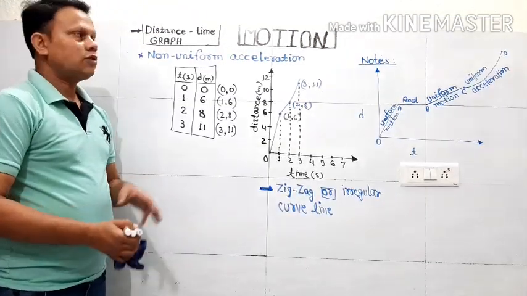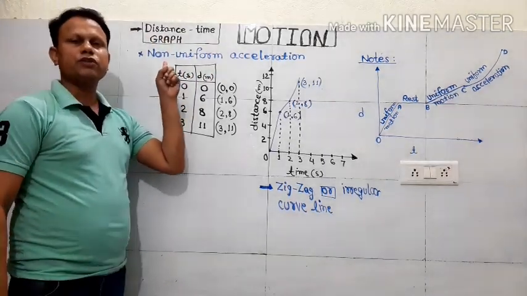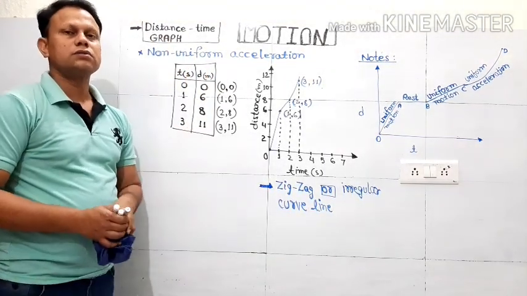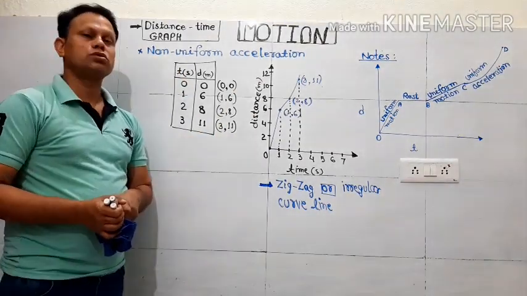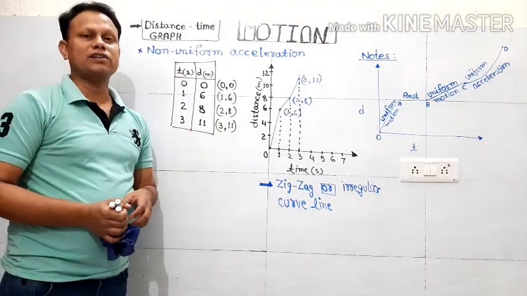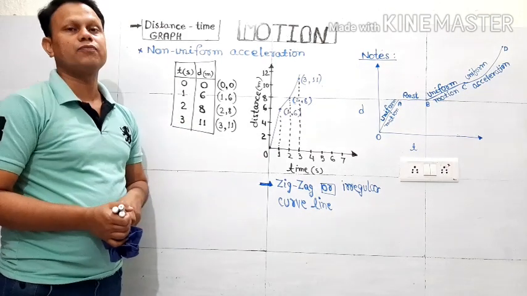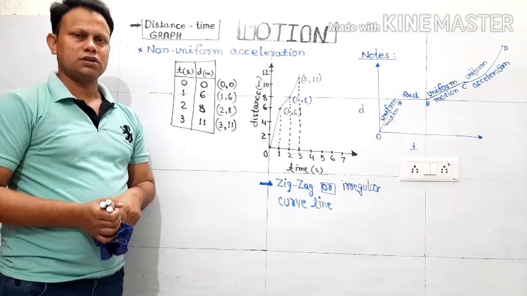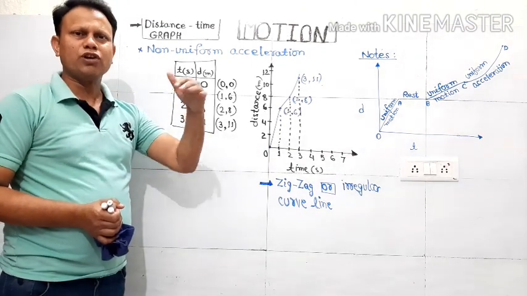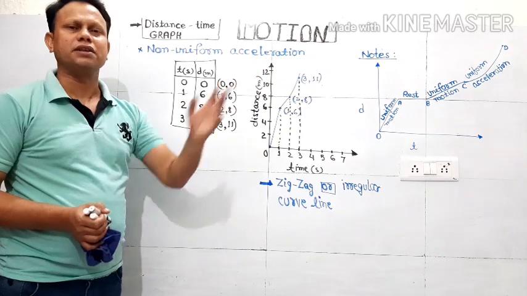Fine. Now for the distance time graph of a body with non-uniform acceleration, since it is a non-uniform acceleration situation, due to different values of acceleration in each interval of time, we'll get an irregular positioning of the object. There is no particular way of increasing or decreasing. It can be anything.